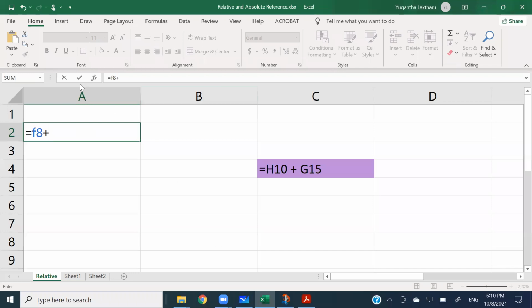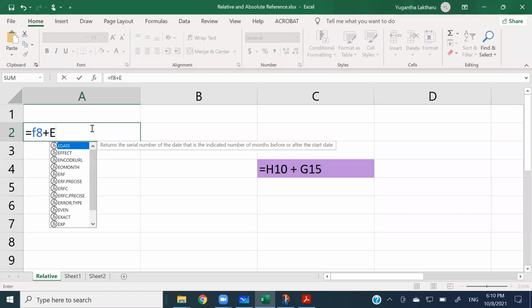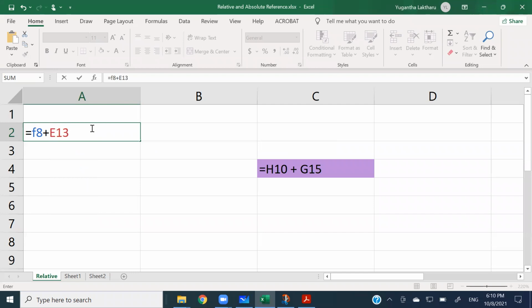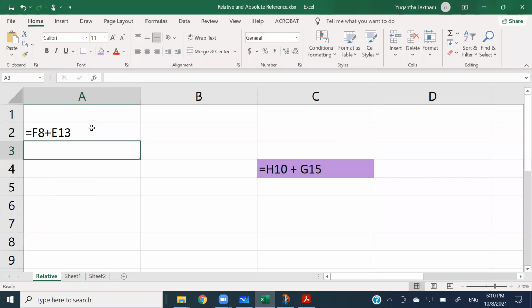So then you can find E. Then for 15, again 2 rows are going to go up. So 15 becomes 14, then 14 becomes 13. So the answer is going to be F8 plus E13, right?